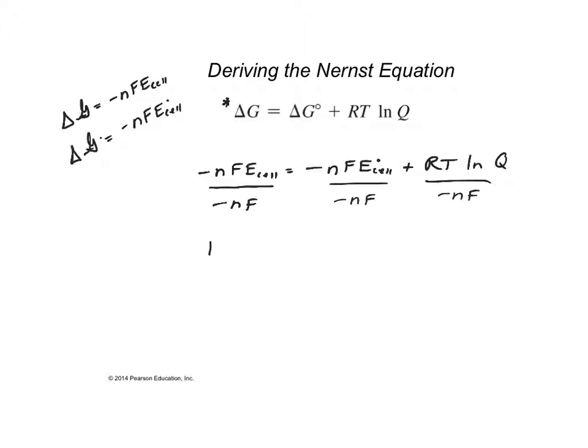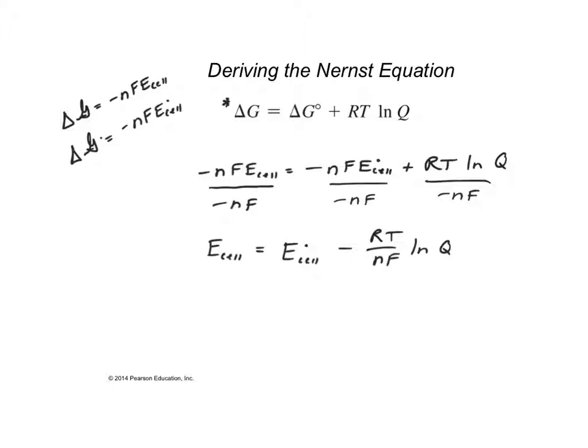And what we're left with is something called the Nernst equation. So the cell potential not at standard state is equal to the cell potential at standard state minus RT over nF ln Q, where R, T, F, and n are all the usual suspects, the same things that we've been dealing with thus far.